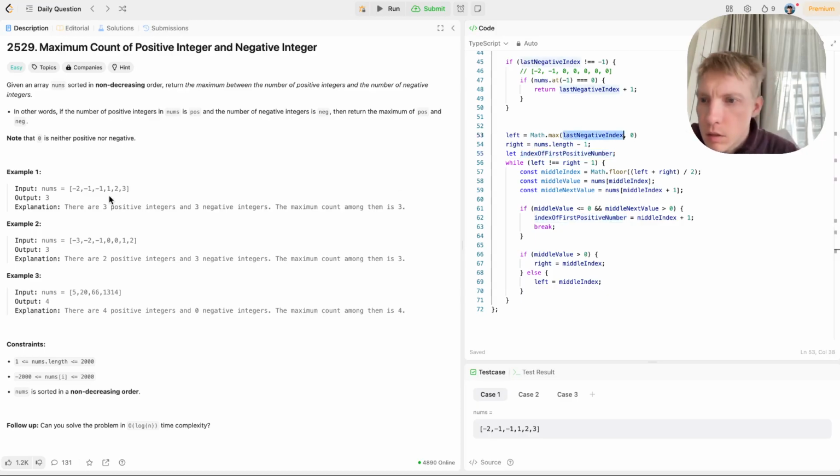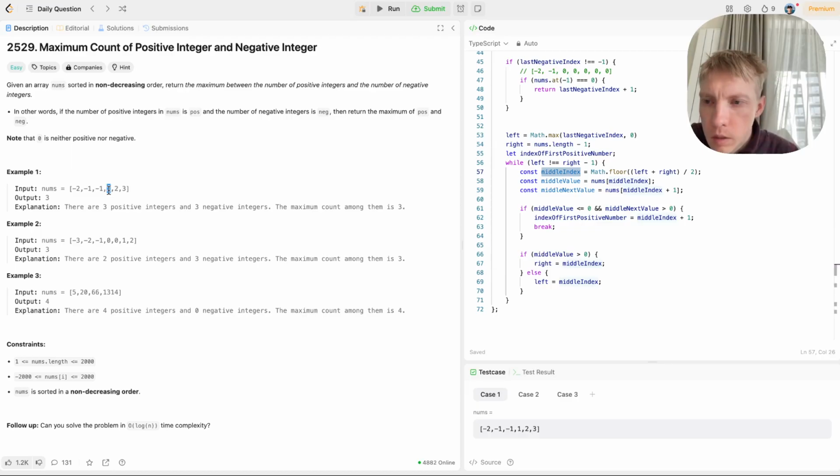Last negative index would be 0, 1, 2, 3, 1, 2. Right would be 5. 5 plus 2, 7, 3.5, middle index 3, 0, 1, 2, 3. Next value is 2. Middle value is bigger than 0. We're moving right to middle index.